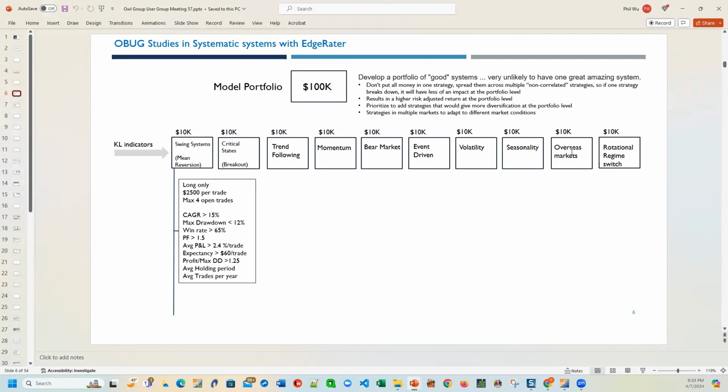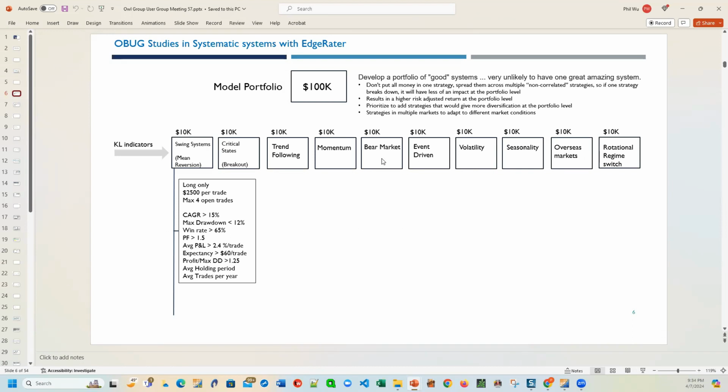So this is an attempt to get diversification outside United States, and then the rotational, like a regime switching type of strategy. Using, for example, SPY and gold, depending on which one is stronger, may drive which portfolio to use.